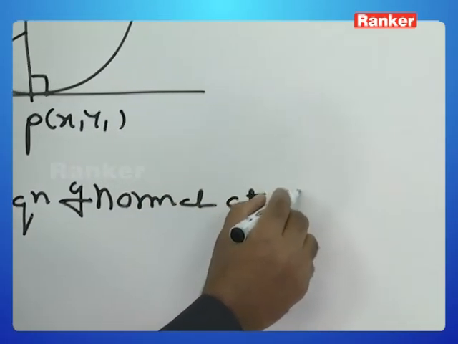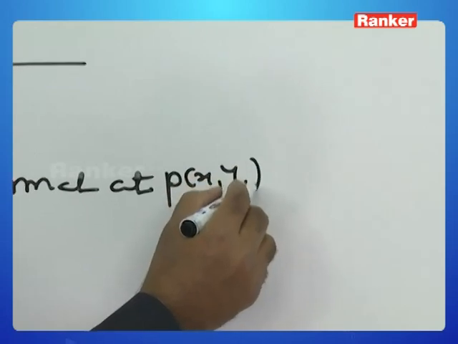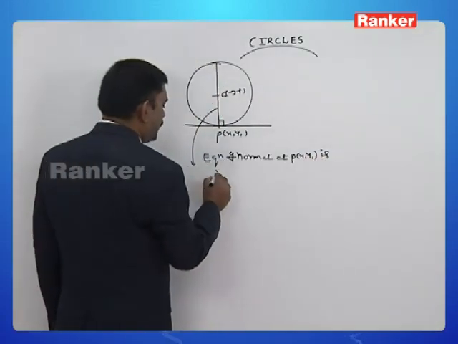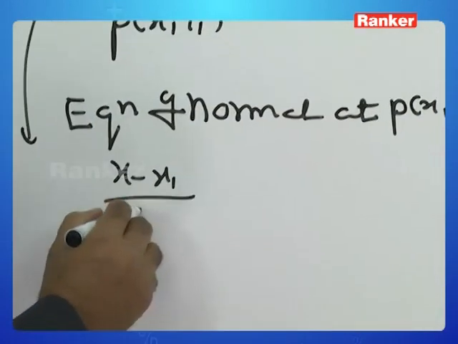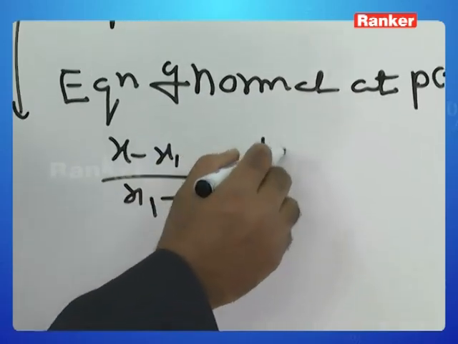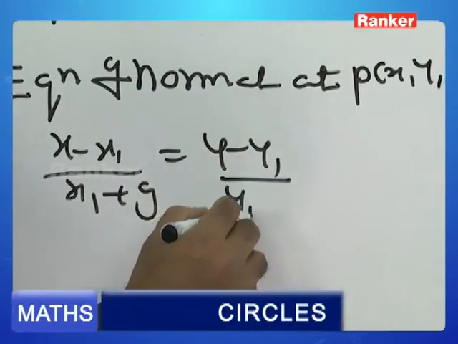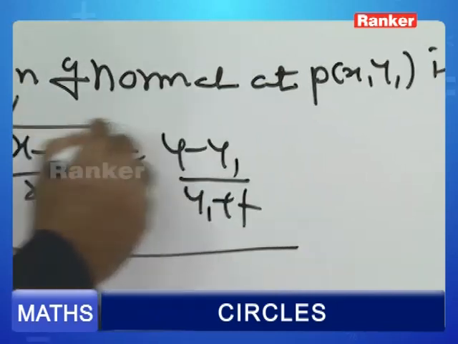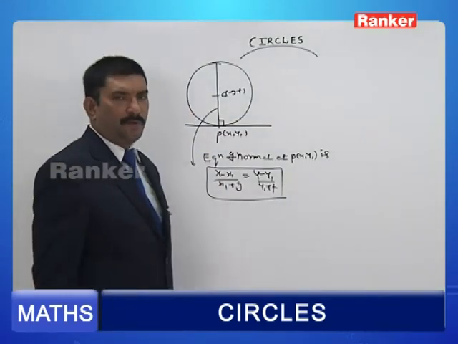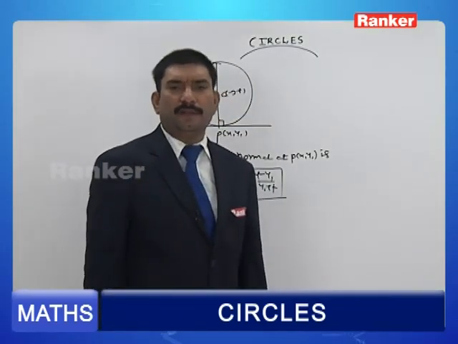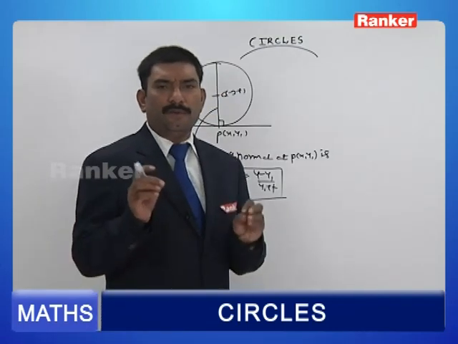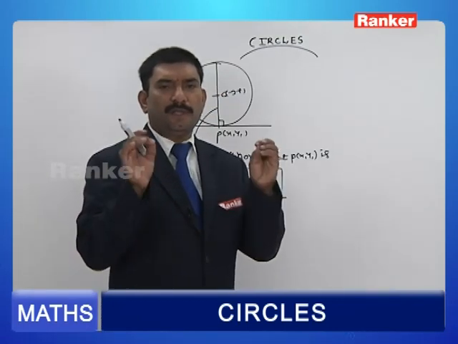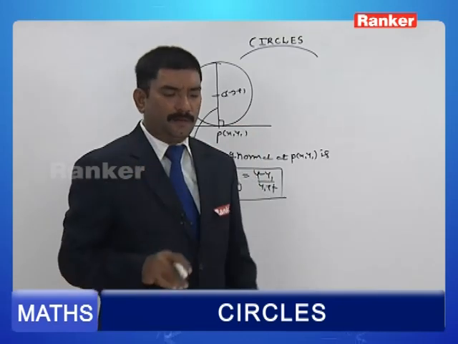The equation of the normal at P(x1, y1) is (x minus x1) by (x1 plus g) is equal to (y minus y1) by (y1 plus f). This is the equation of the normal we came across earlier. Today we shall discuss the nature of a line and a circle.